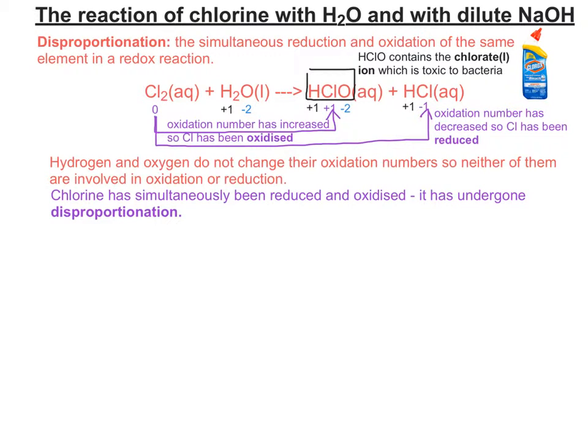And so it's quite often found in toilet bleach of all sorts of brands. So HClO, or hypochlorous acid, contains the chlorate 1 ion. And it's the chlorate 1 ion because the chlorine in the chlorate 1 ion is in the oxidation state +1, as you can see. So the chlorate 1 ion would be drawn like this. ClO minus.